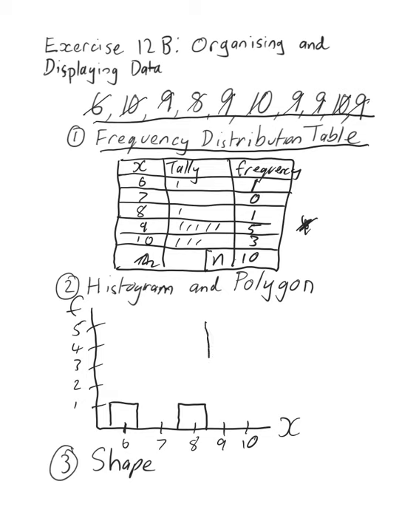Now obviously you'd use a ruler and do a better job than me. I'm doing this freehand. Okay, score 5, that's very wobbly. And our 3 for 10, there were 3 scores of 10. Now that is the histogram, okay, more or less.